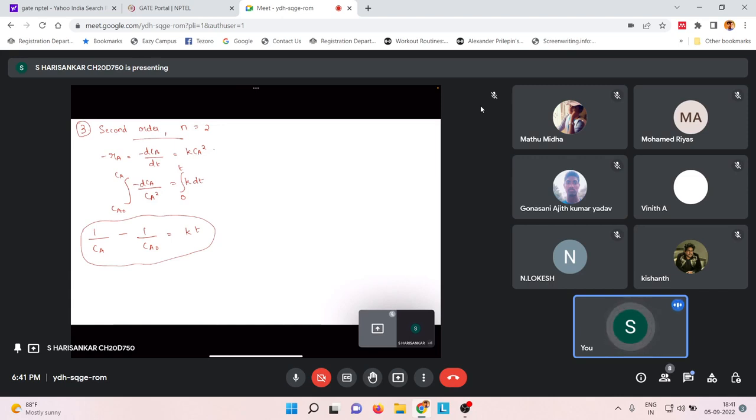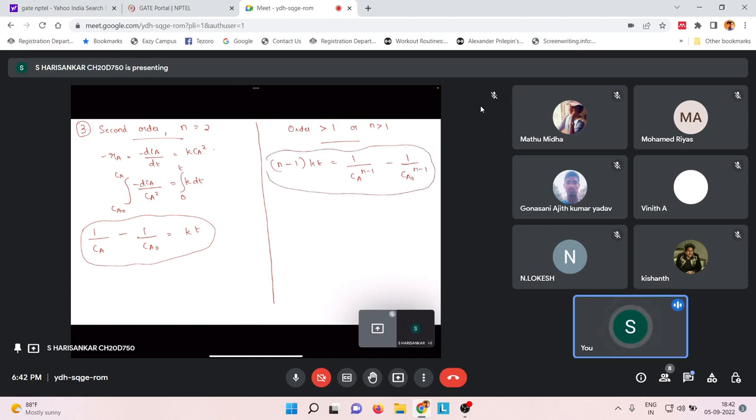Now we can actually use a general formula to find orders which are greater than 1. That means from order 2 and 3, 4, 5, 6 and so on. So for order greater than 1, or n greater than 1, we have a general formula which will be n minus 1 kt is equal to 1 by Ca raised to n minus 1 minus 1 by Ca0 raised to n minus 1.